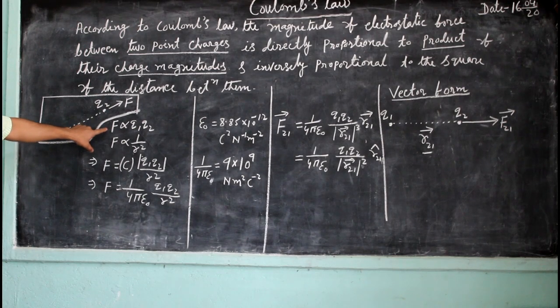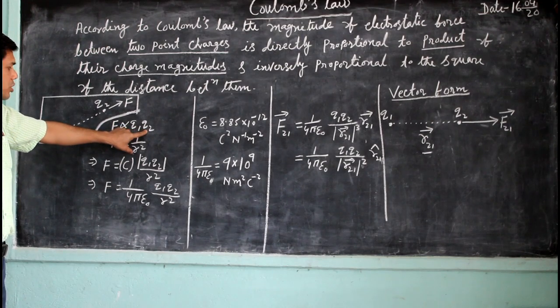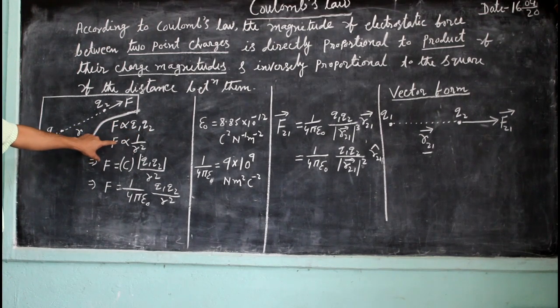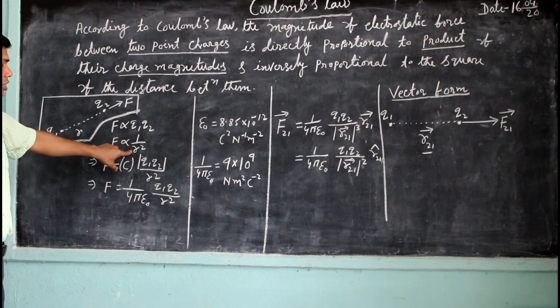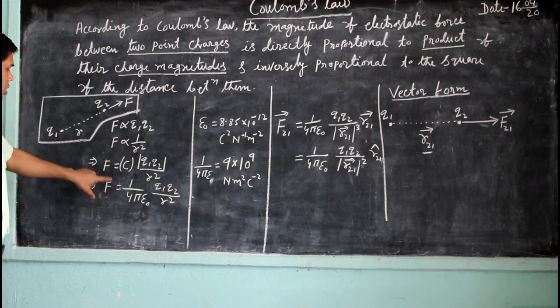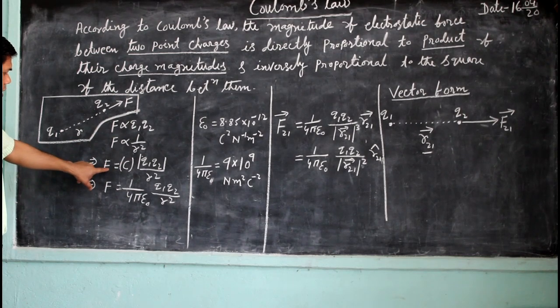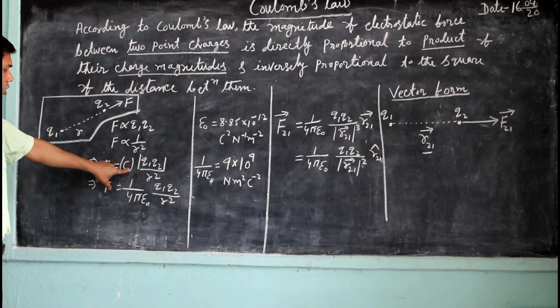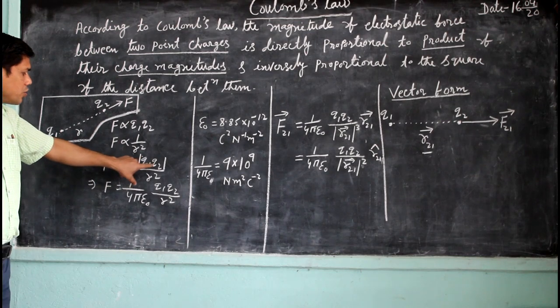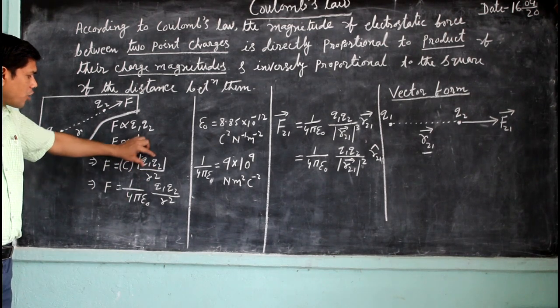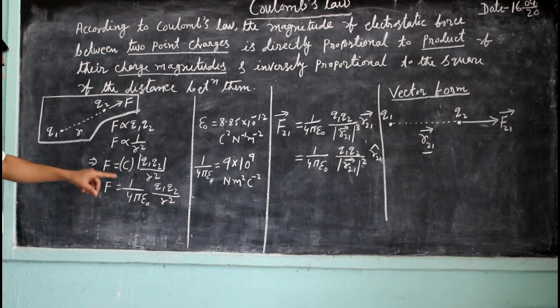Now, according to Coulomb's law, the electrostatic force between the two point charges, denoted by F, is directly proportional to Q1 Q2, the product of the two charges, and inversely proportional to the square of their distance, 1 by r square. Mathematically, we can write F equal to k, a constant, modulus Q1 Q2 by r square. Mod means we have to take only the magnitude here.